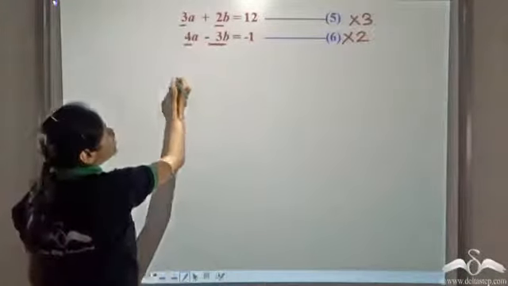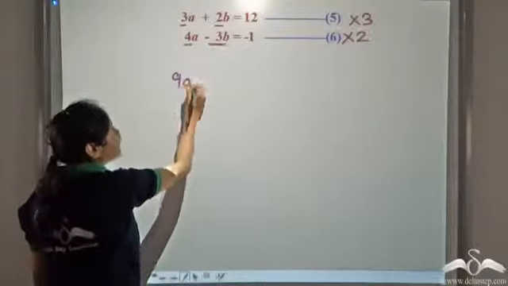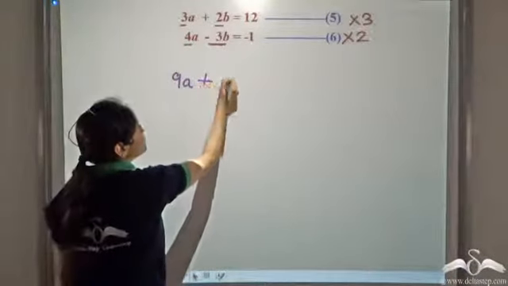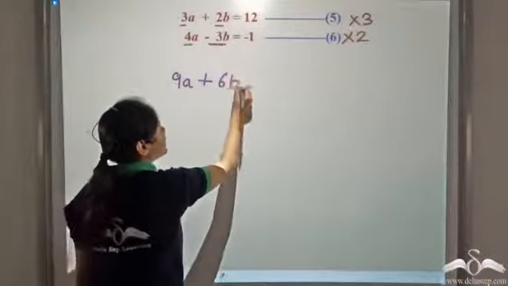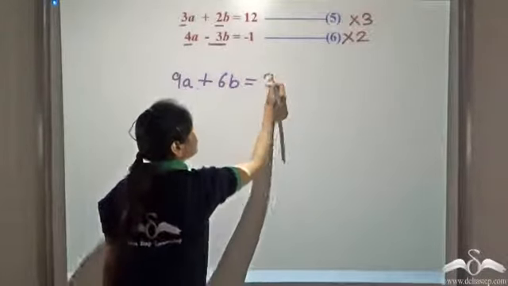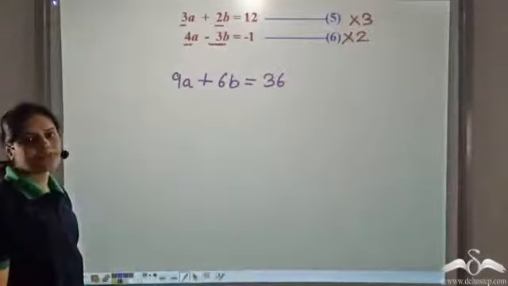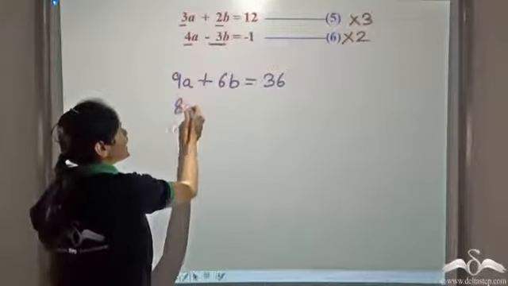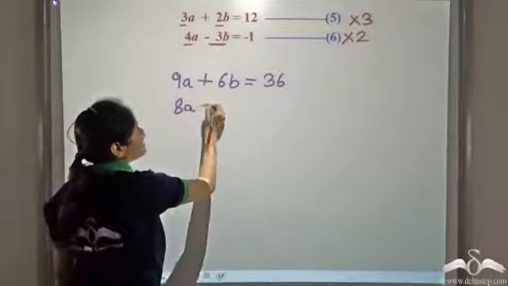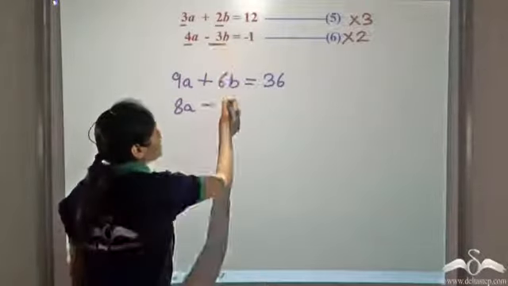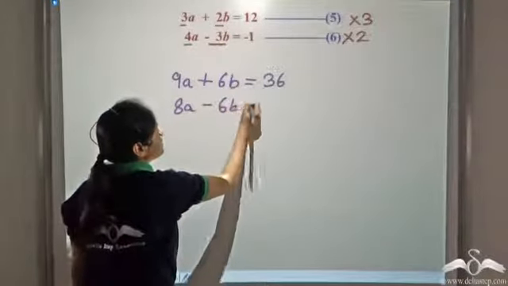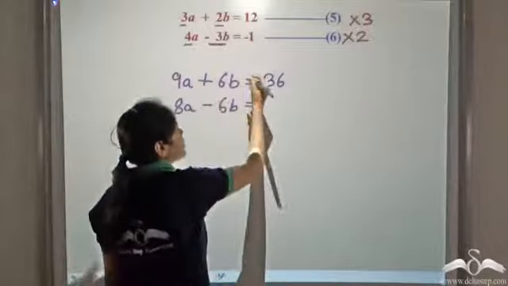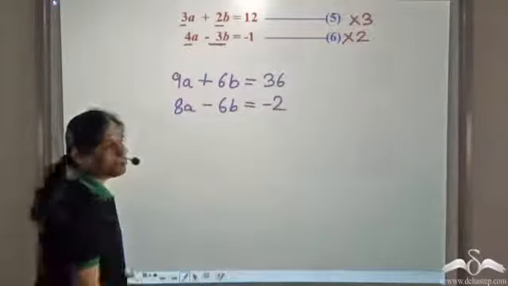So 3 into 3a gives us 9a. 3 into 2b gives us 6b, and 3 into 12 gives us 36. 2 into 4a gives us 8a. Then we have a negative sign. 2 into 3b is 6b equal to 2 into negative 1 is negative 2.